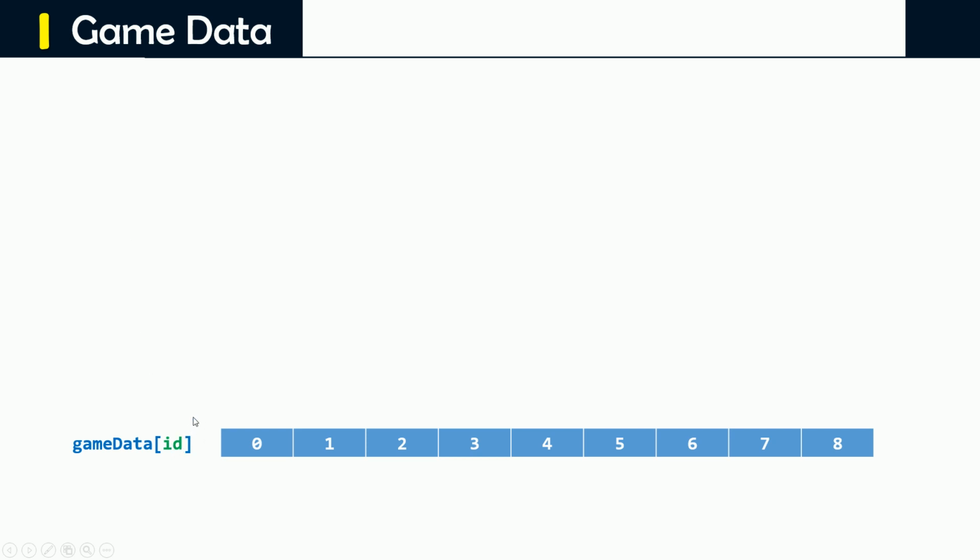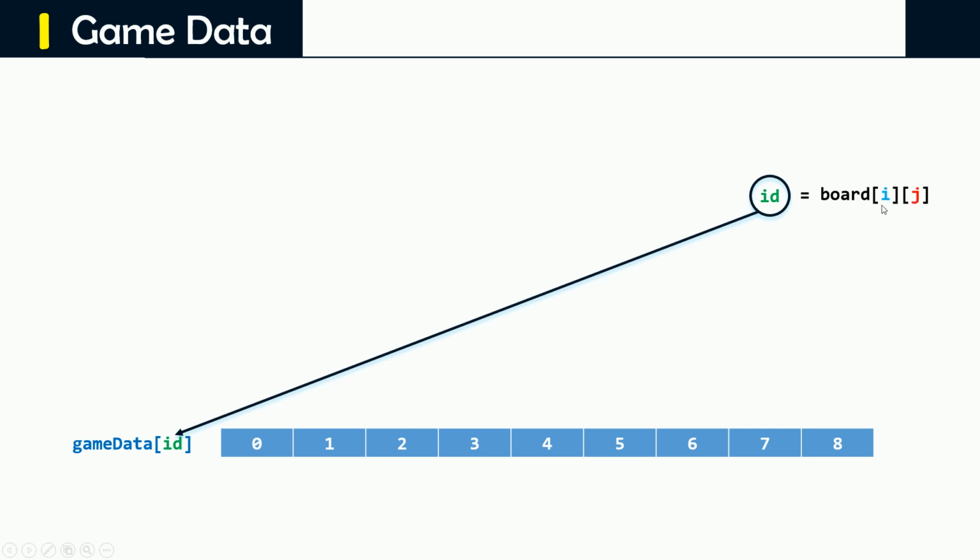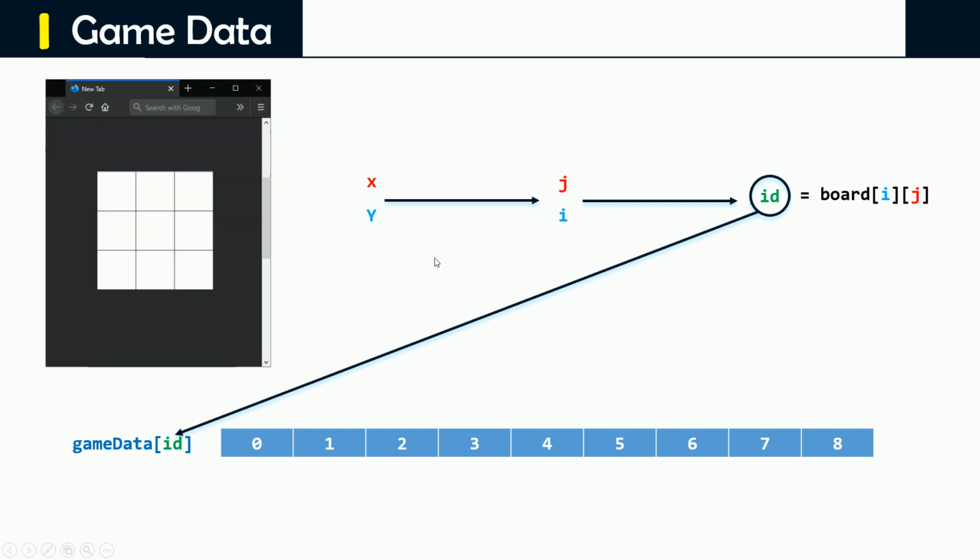So we need to know the ID of the space. To know the ID of the space, we need to know the I and J of that space. To know the I and J of that space, we need to know the X and Y position of where the user clicked. For example, let's say the user clicked on this position here.